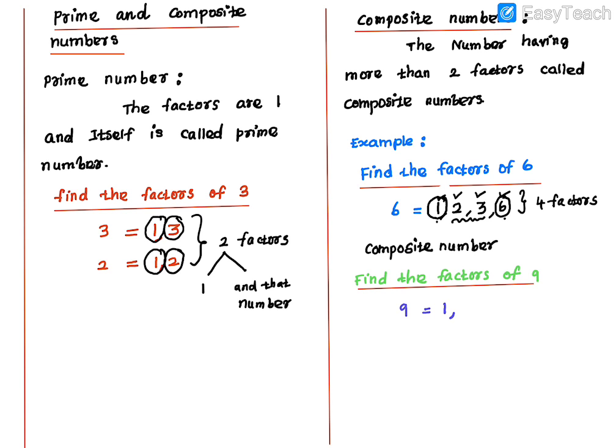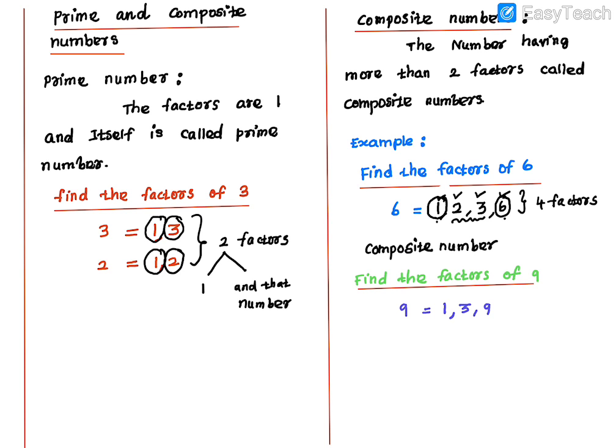Third table, 3 3s are 9, completely it will divide. So 3 it will come. Next, fourth table, just try it, it will not come. What about fifth table? Again it will not completely divide. And 6, no. 7, no. 8, no. Then what about 9? So 9 completely divides. The same number it will divide.